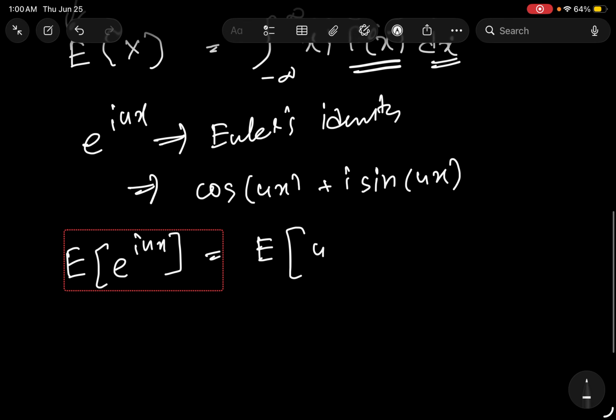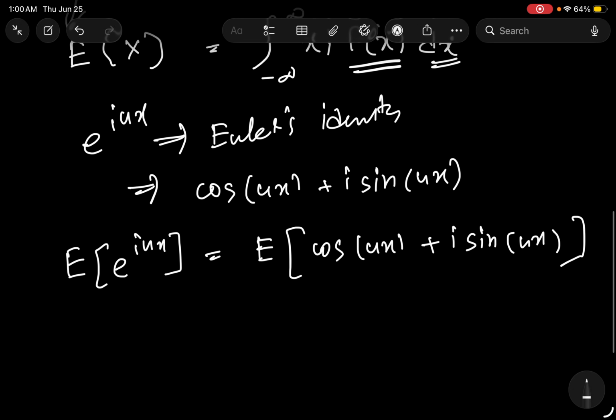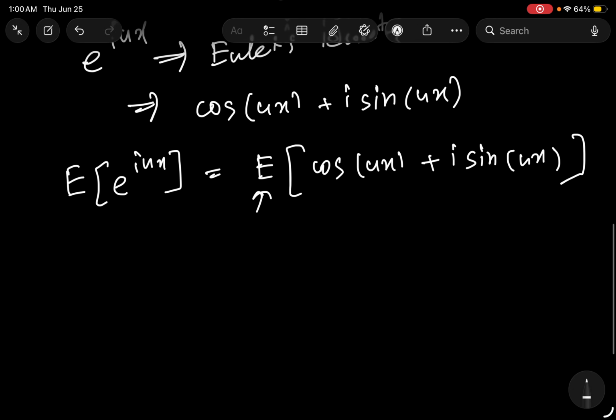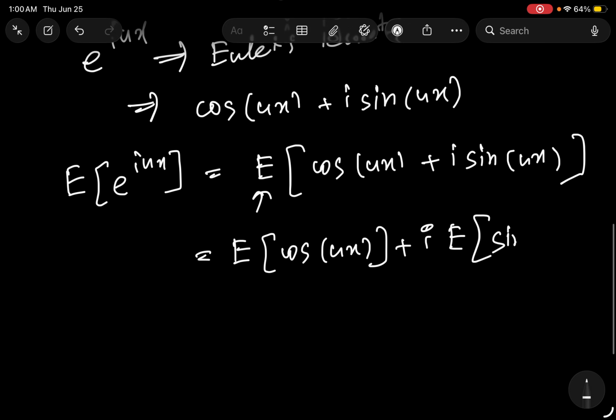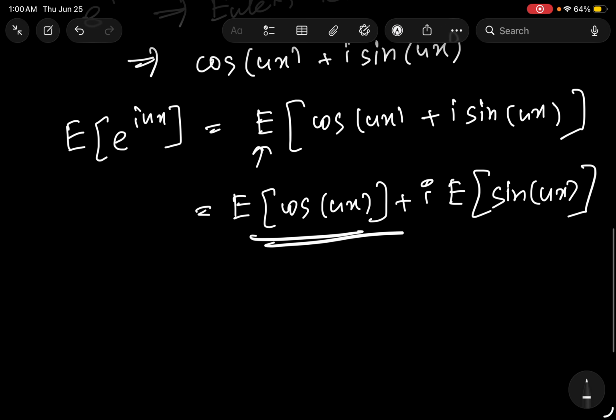So the entire thing would come under expectation. Now as expectations are additive, that means we can separate them. Right? Now observe what it means.